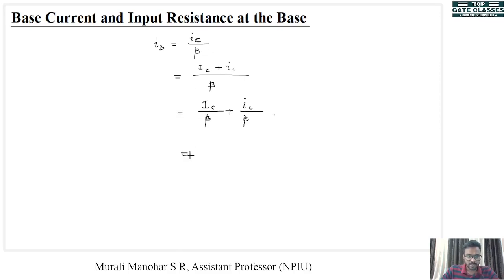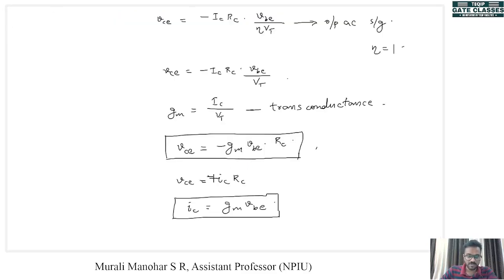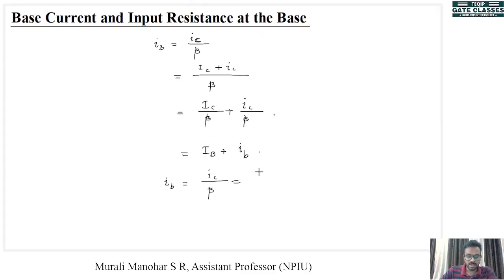We know capital IC by beta as capital IB and small ic by beta as small ib. So from this, we can write the pure AC input current ib as small ic divided by beta. We have already derived an equation for ic, which is gm into vbe. So this can be written as gm vbe divided by beta.